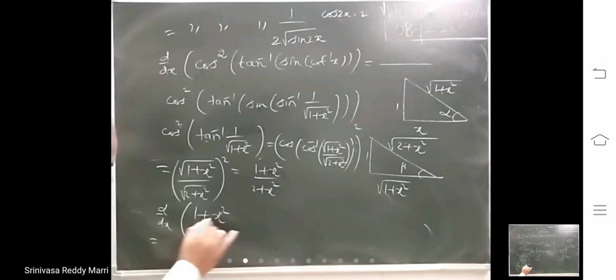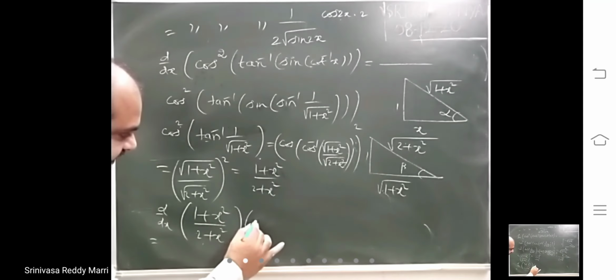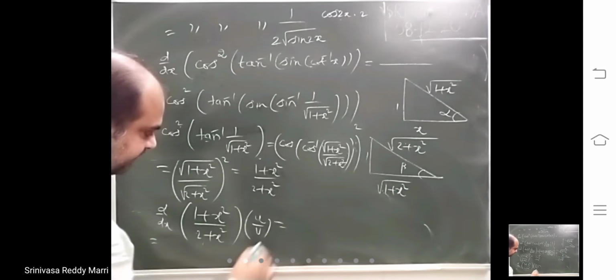d by dx of 1 plus x square divided by 2 plus x square is nothing but now u by v. It is easy. U by v.